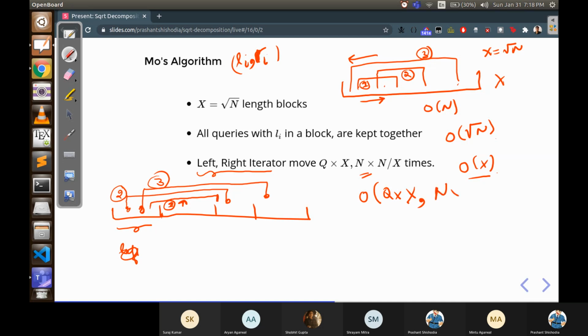So I take O(n) time for all blocks separately. So if x equals root n, I get the time complexity O((q + n)√n).